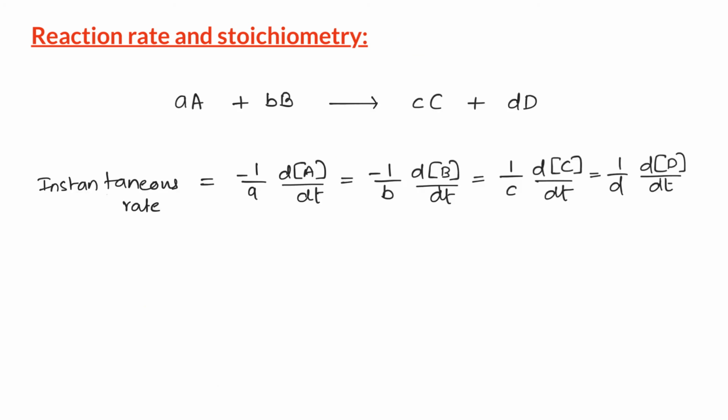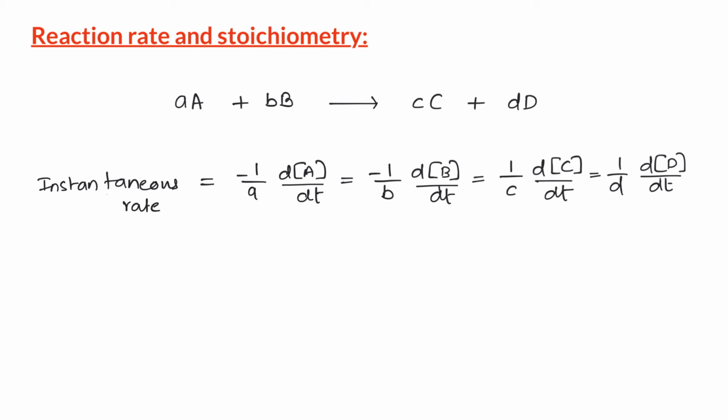So, for any hypothetical chemical reaction, a moles of A plus b moles of B gives c moles of C and d moles of D. The rates of formation of reactants and products are connected to each other by the following equation.